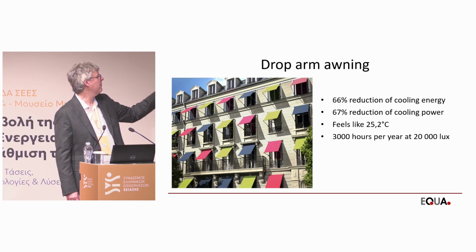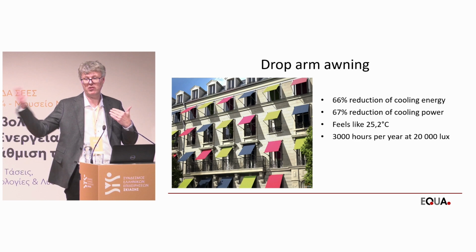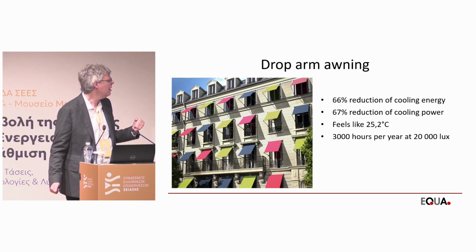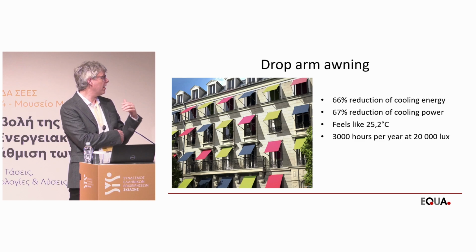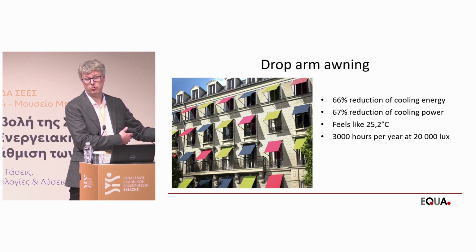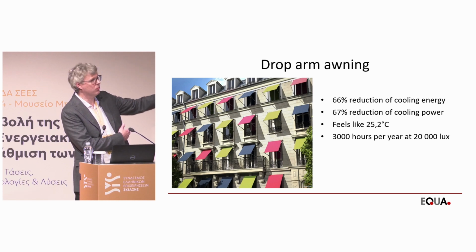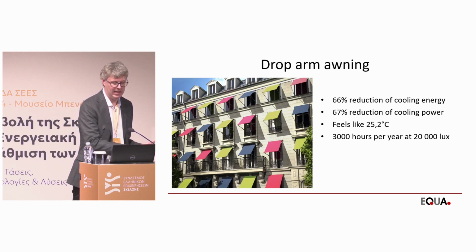And you also have much cooler windows, so the temperature feels much cooler due to the radiation exchange. Unfortunately, depending on how these are controlled, if they are assumed to go down when I have an illuminance level of 20,000 lux, that would mean about 3,000 hours per year. And that is, of course, a lot.